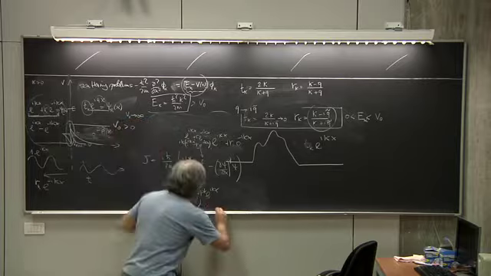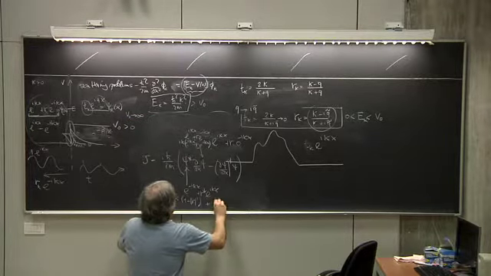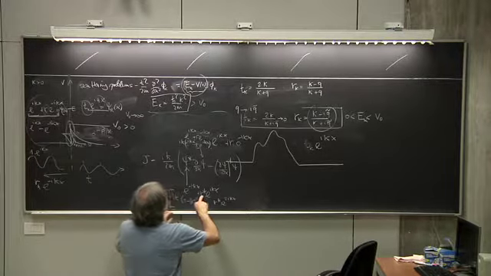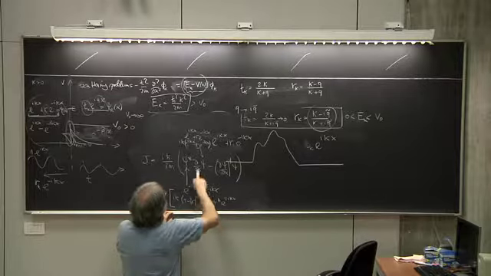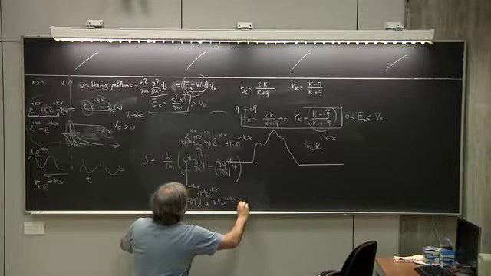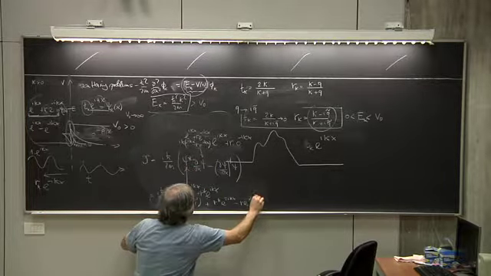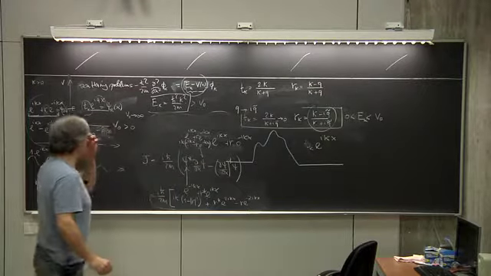Let me write them. So it's plus, for instance, r star e to the 2ikx, and here I have minus r e to the minus 2ikx. Very good. So this is from the first.